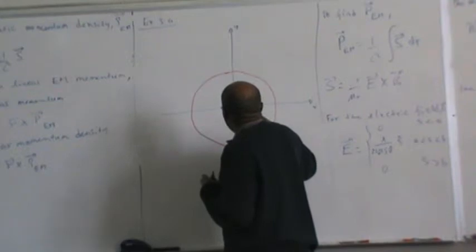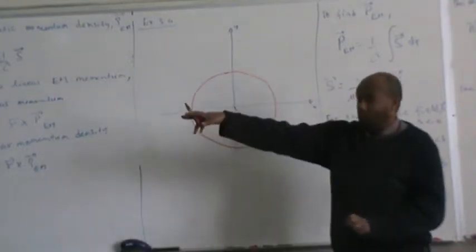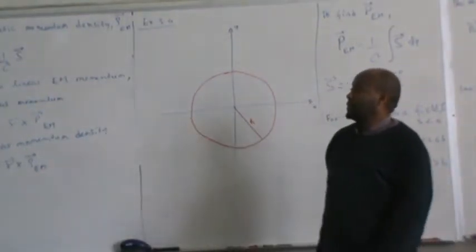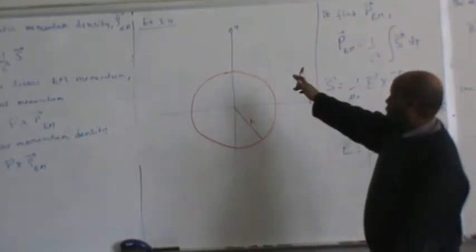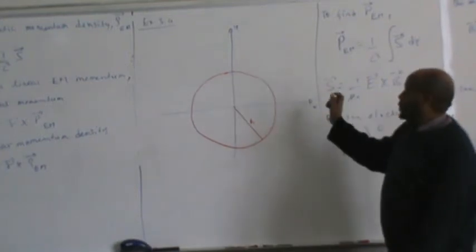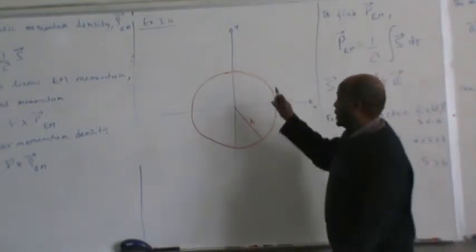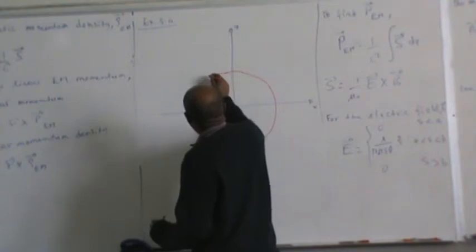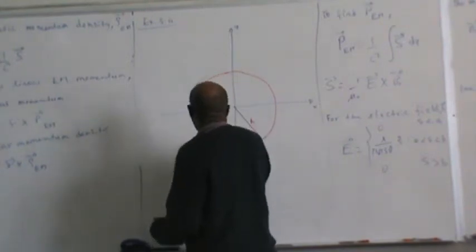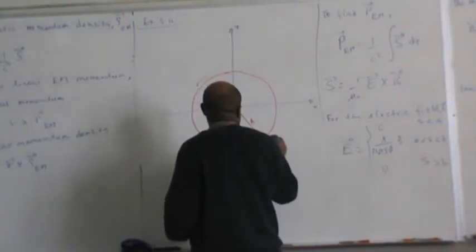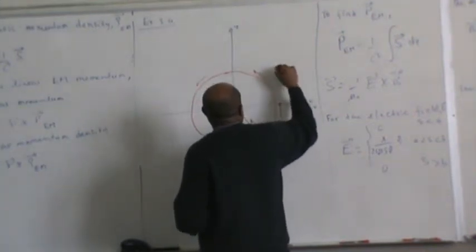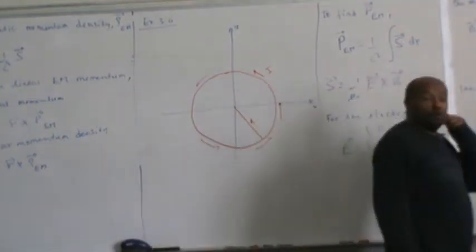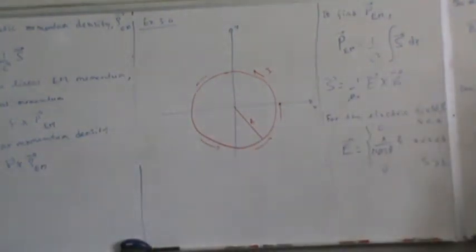According to the diagram, the current is rotating in a counterclockwise direction. So that's the direction of the current flow, I. That would give you a magnetic field directed which way?